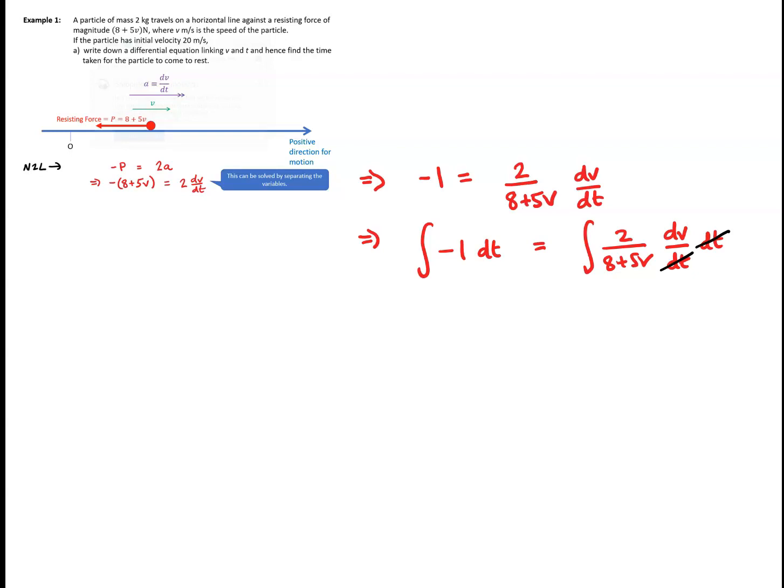But integration by substitution says that our dv by dt part of this integral can be replaced simply by dv. So we've got the integral of minus 1 with respect to time is equal to the integral of 2 over 8 plus 5v integrated with respect to v.